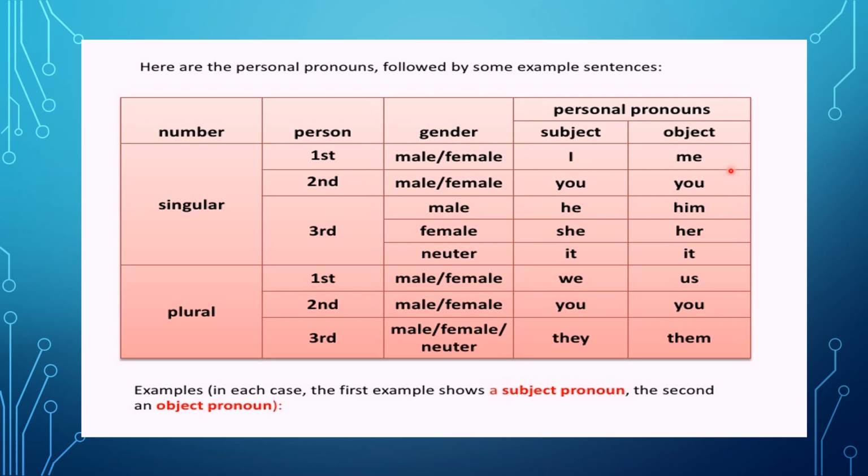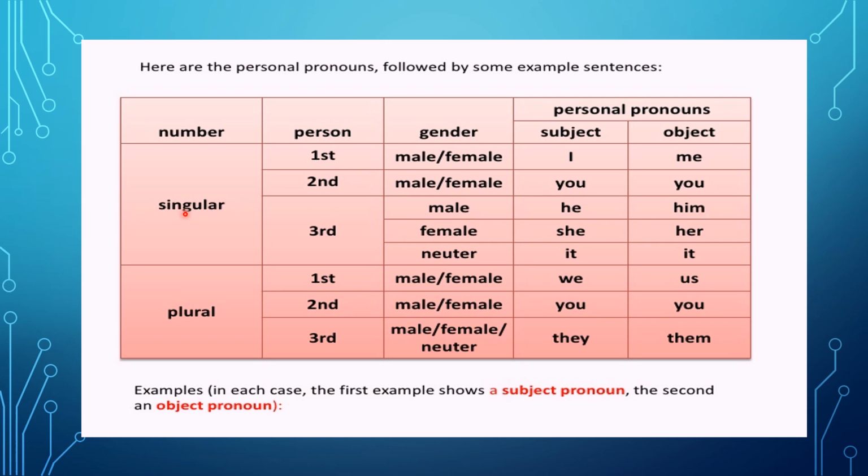So I, me. Number singular, second person, gender, male, female, subjective or subject you, objective or object you. Again, personal pronouns, number, singular, third person, male, he, subject or subjective, objective or object is him.